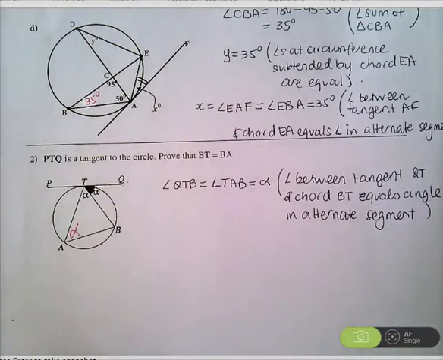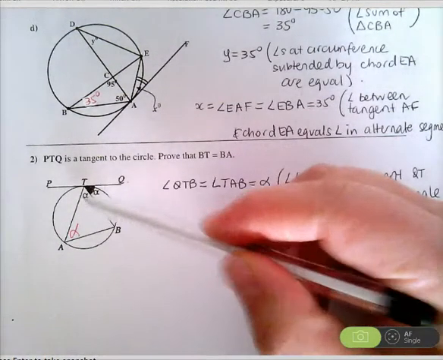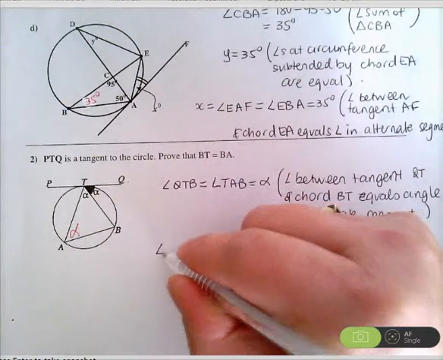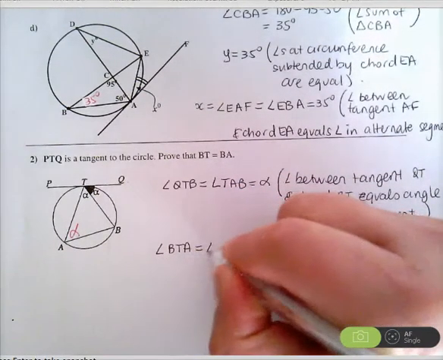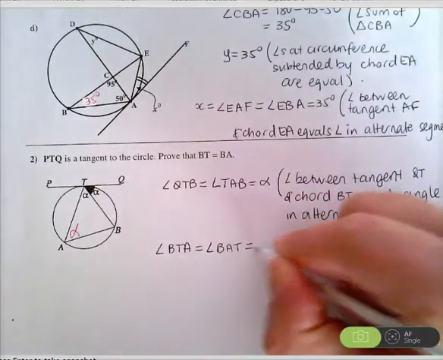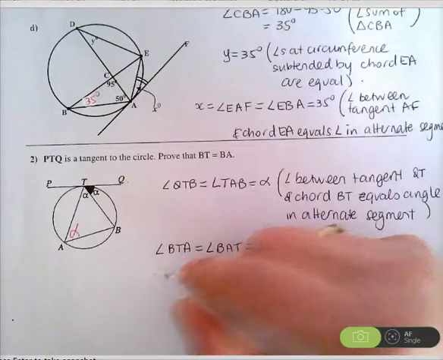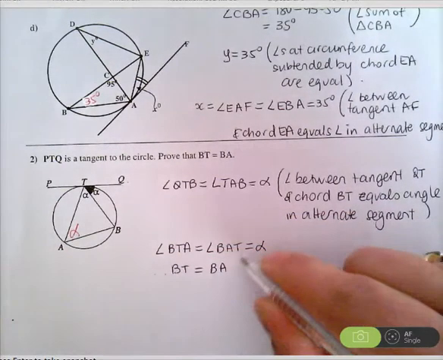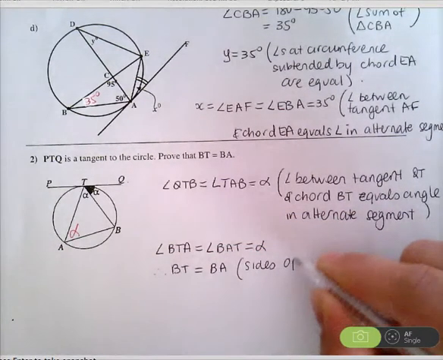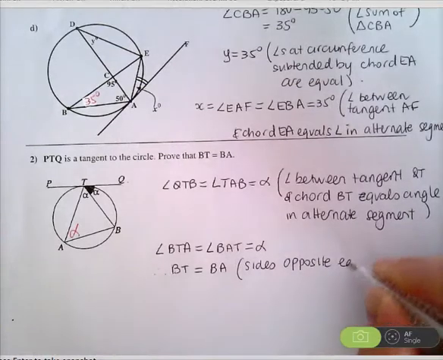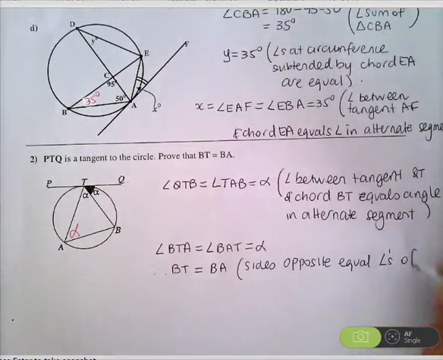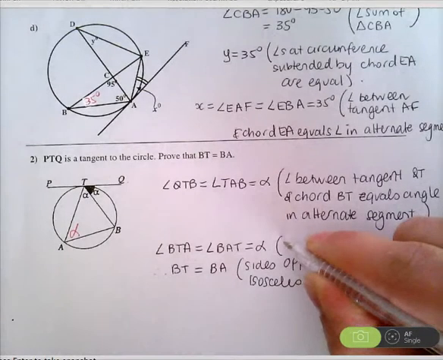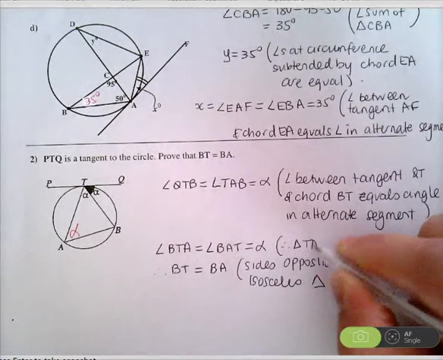Now we're trying to prove that BT is equal to BA. We know that angle BTA is equal to angle BAT, which equals alpha. So therefore triangle TAB is isosceles.